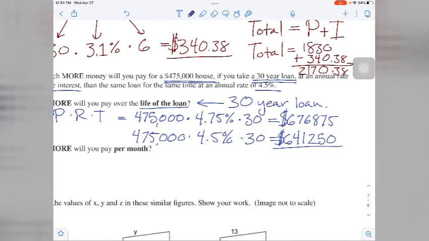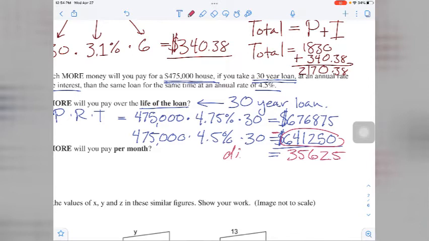But if I subtract these, if I have $676,875, the difference between that and $641,250, I need to subtract $641,250, and then I come up with a difference of $35,625.